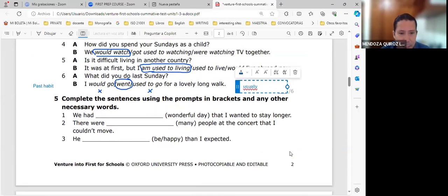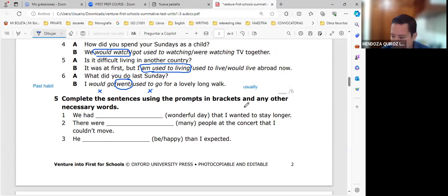Number 5, complete the sentences using the prompts in brackets and any other necessary words. We had... any volunteers? We had, let me see.